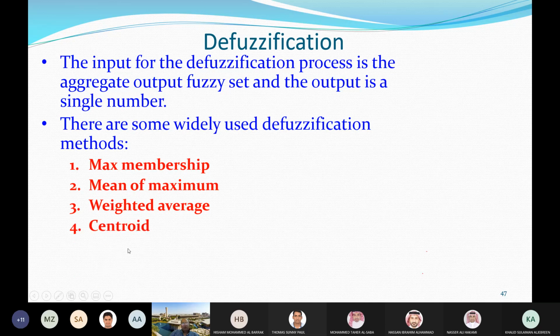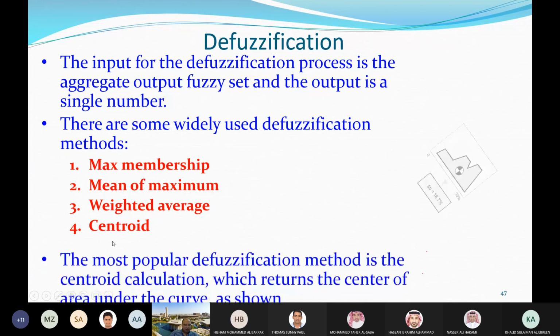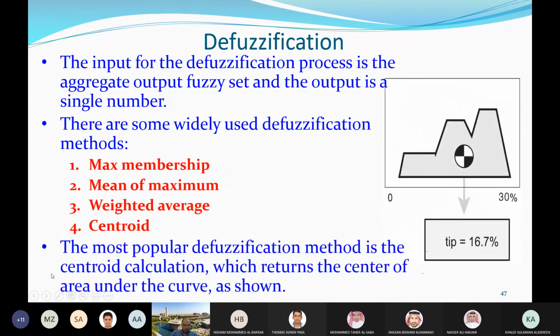And centroid: you can get the center of area, and this center of area will give you a single number, which is the output of the defuzzification step. The most popular defuzzification method is the centroid calculation, which returns the center of area under the curve as shown.